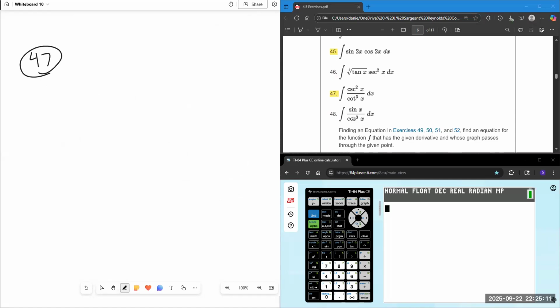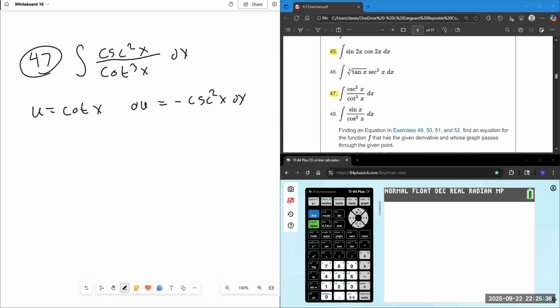So 47 is the integral of cosecant squared x cotangent cubed x dx. The derivative of cotangent is negative cosecant squared. So u is cotangent x, du is a negative cosecant squared x dx.